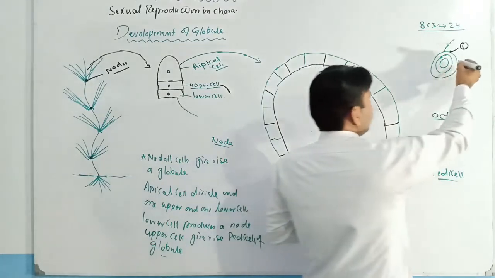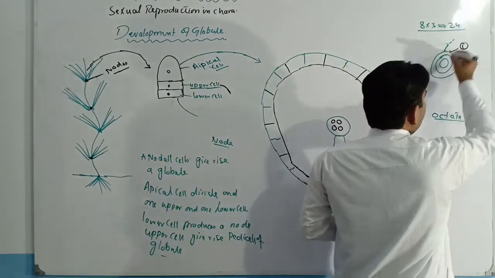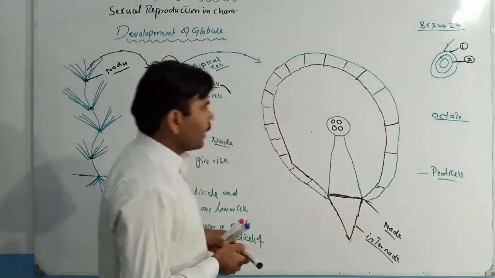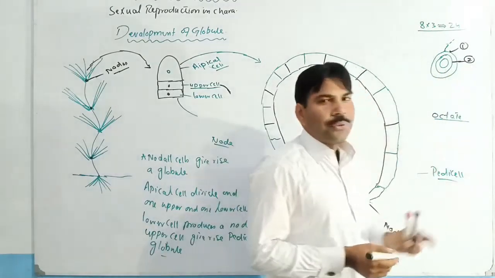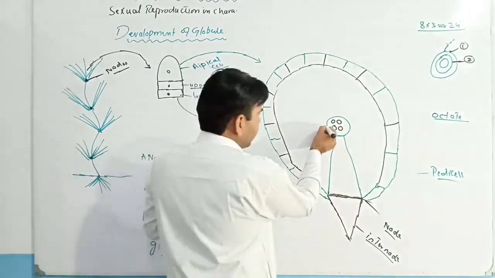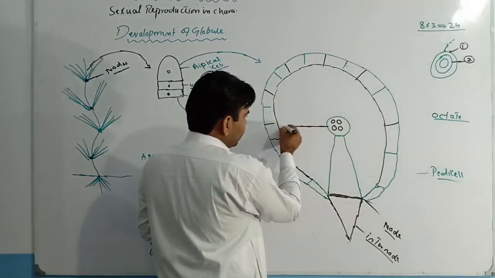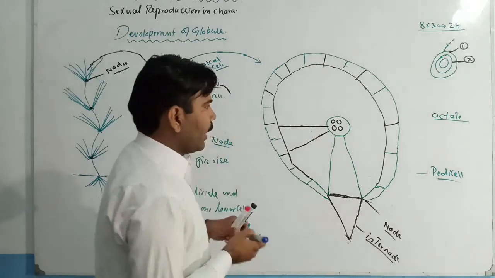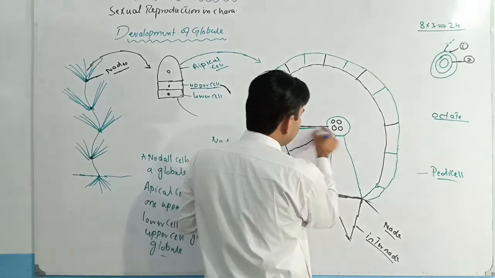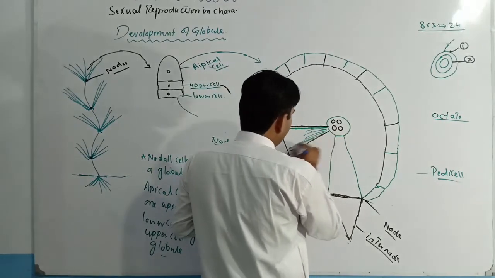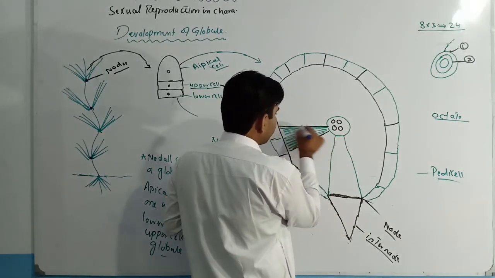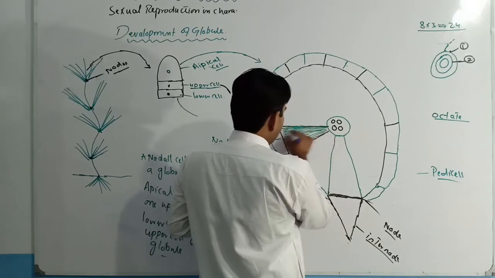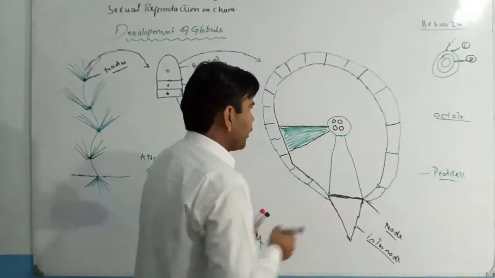Now we are going toward the middle layer. This is the middle layer, which is known as the second layer. This second layer will form these structures, and these structures are known as manubrium. Basically, these are the manubriums.